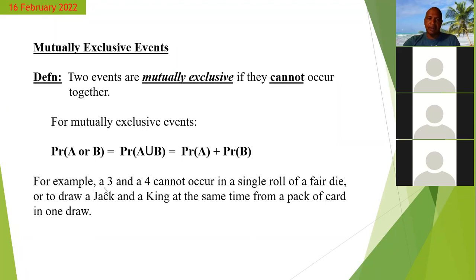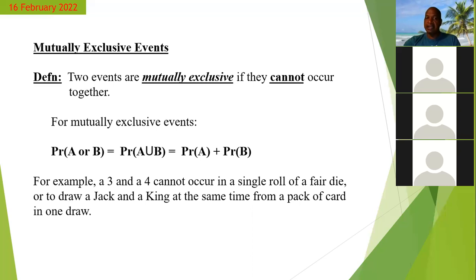All right, here's an example that they are saying here. For example, a 3 and a 4 cannot occur in a single roll. So if you want to get a 3 and a 4 in a single roll, those are mutually exclusive because it cannot happen in one single roll. So in a single roll, we can either get a 3 or a 4.